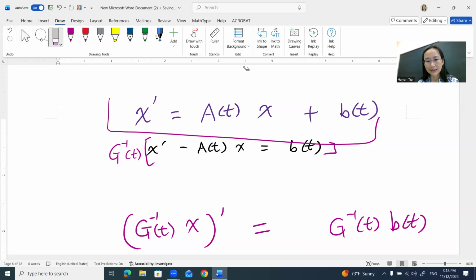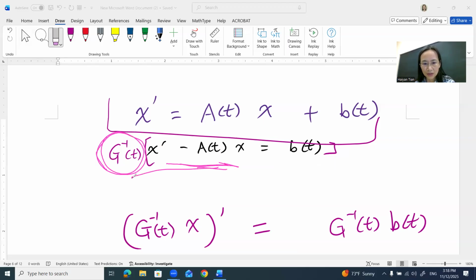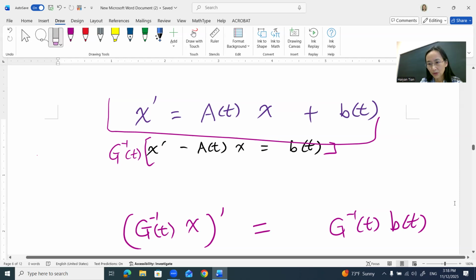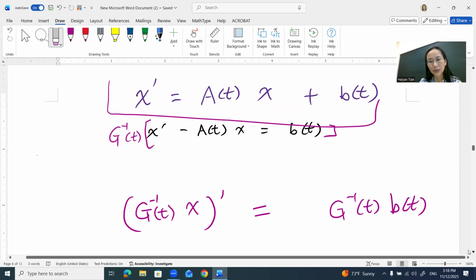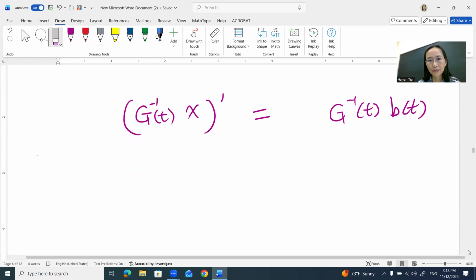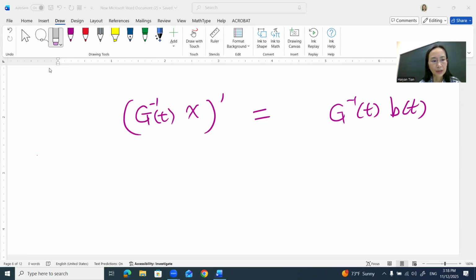Do you realize the effect? Isn't that quantity very much like the integrating factors for linear equations? Yes. So these two terms become the derivative of one term, and then we are going to solve it.